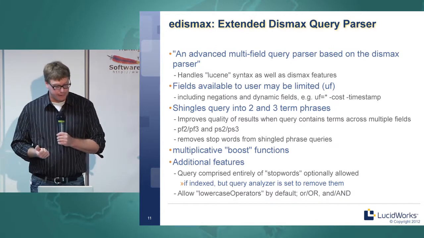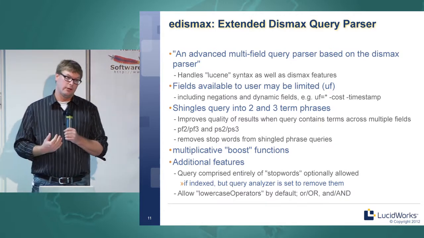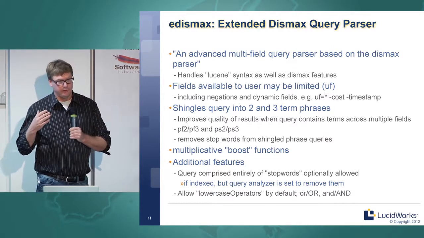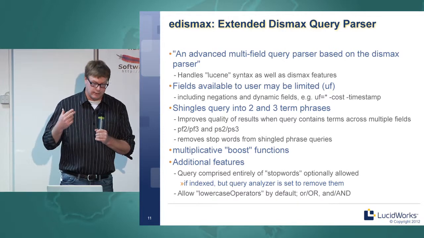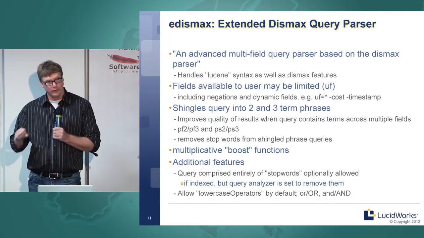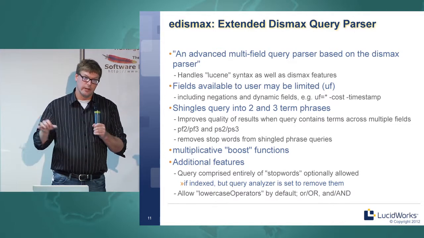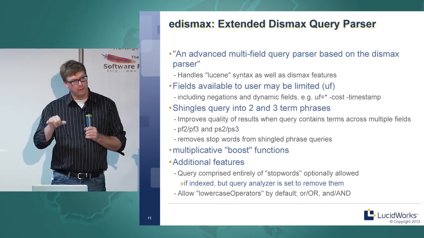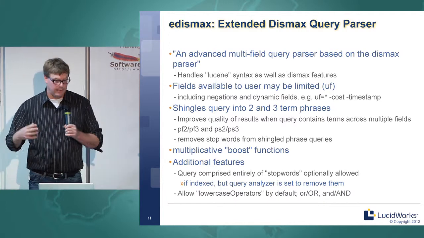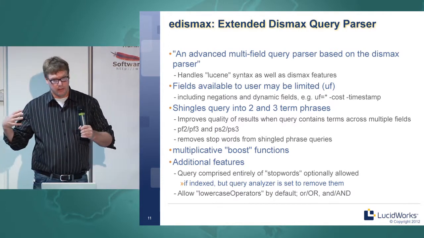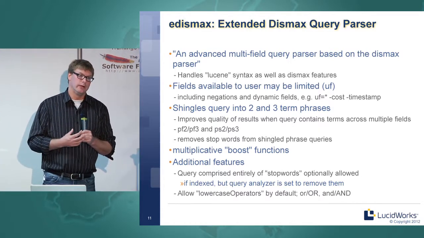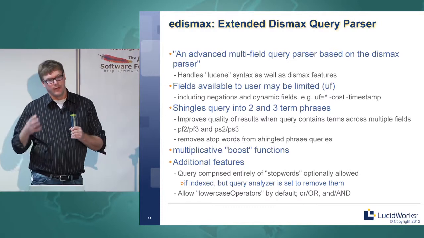The extended Dismax has several other powerful capabilities in terms of relevancy, with the shingling of the terms. You can specify a PF2 and a PF3, phrase fields 2 and 3, and it will shingle the query into 2-term and 3-term windows across the query expression, and optionally OR them into the ultimate query so that they provide a boost when they match.